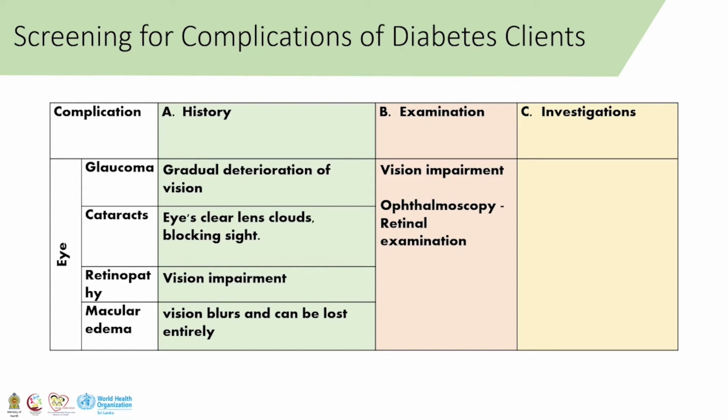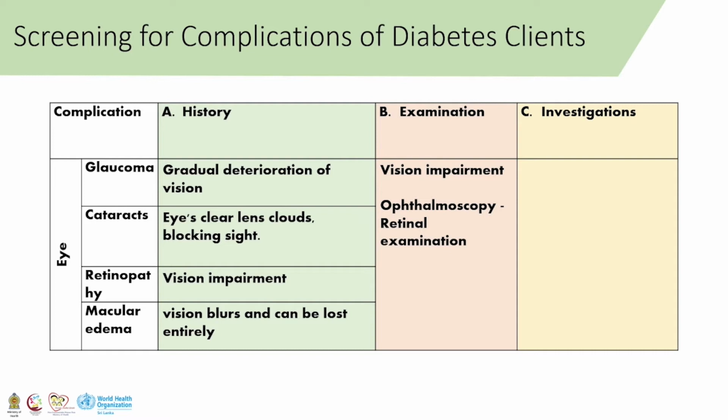In the visual system, they can present with glaucoma, cataract, retinopathy, or macular edema. When taking the history for glaucoma, they complain of gradual deterioration of vision. In case of cataract, they will complain of the eye's clear lens clouding, or blocking sight.